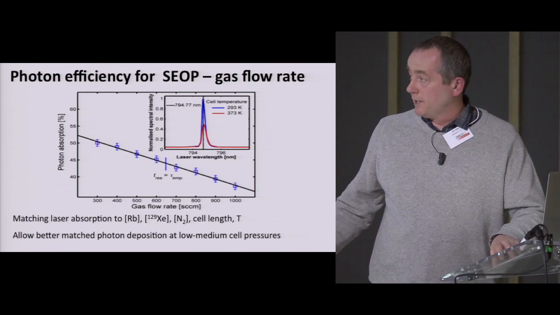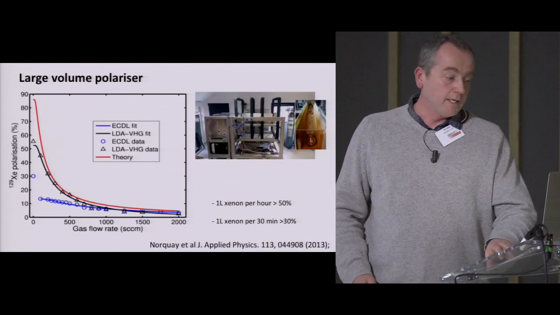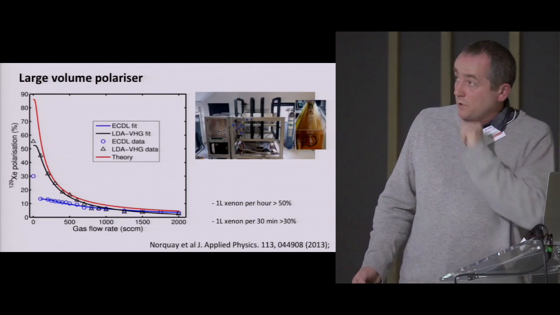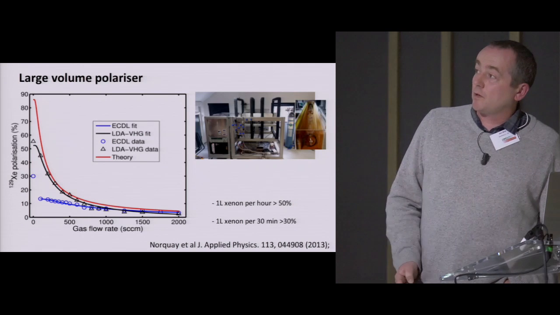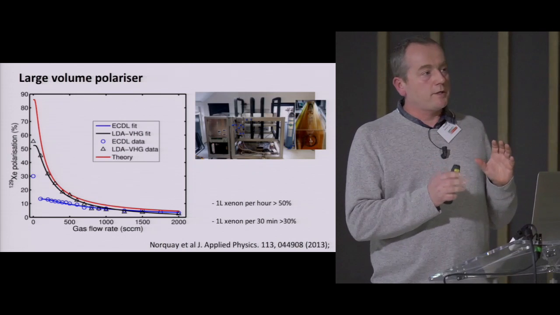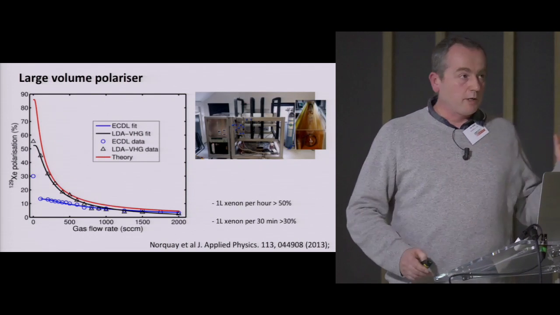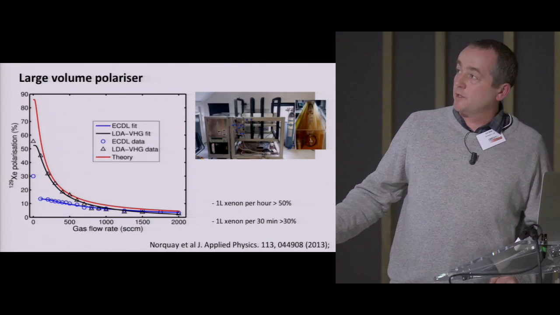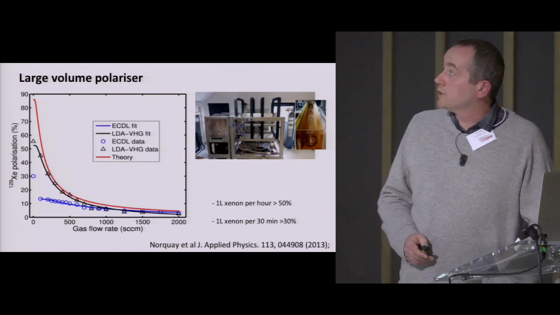But essentially, low to medium cell pressures with these long cells help massively. So we're now approaching what we believe to be the theoretical limit of xenon polarization at low flows. If you think about this, a low flow rate with a large cell with a large diameter and a large laser beam, we can basically get to a pseudo-static limit where we're approaching the theoretical limit of xenon polarization.